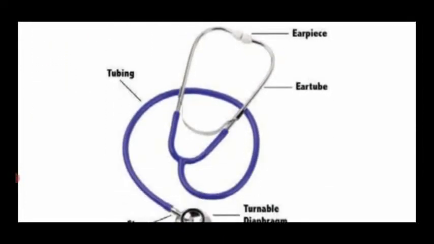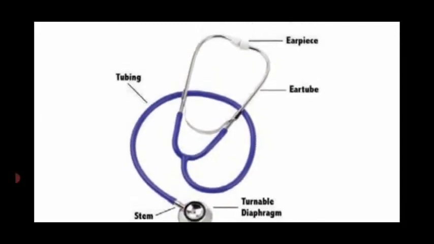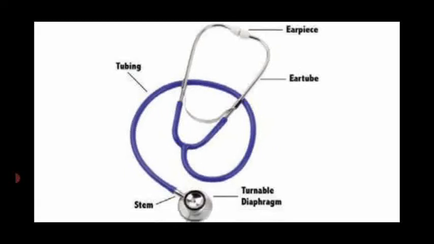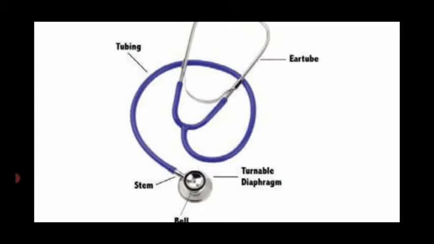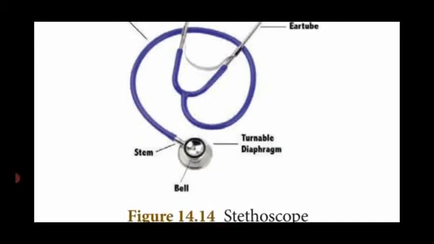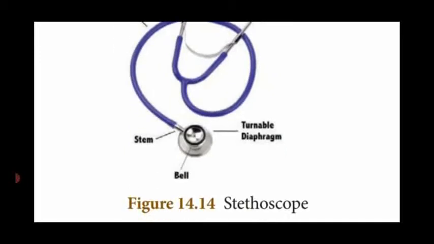Dear students, see the diagram. This is the stethoscope. It has different parts. One is the earpiece, which you put on the left side and the right side, connected by a tube known as the ear tube. Then the blue one is another tubing, connected by a small steel stem-like portion with a turnable diaphragm and a bell.